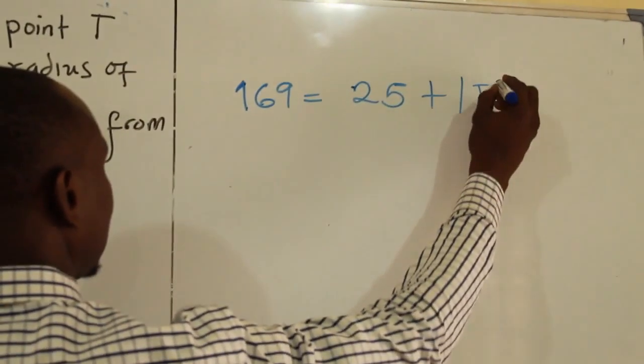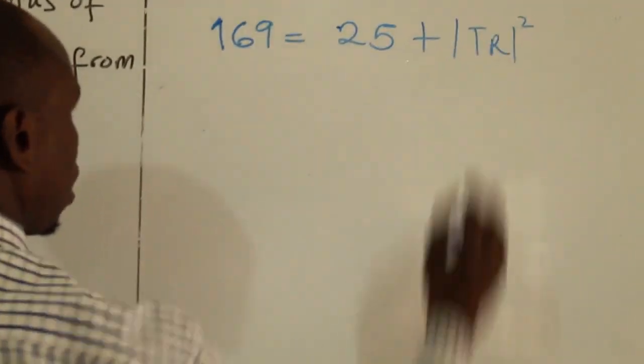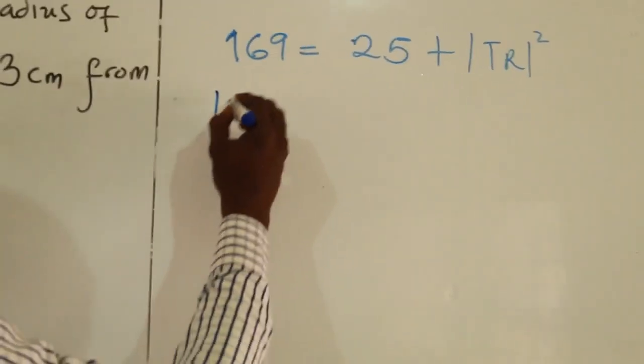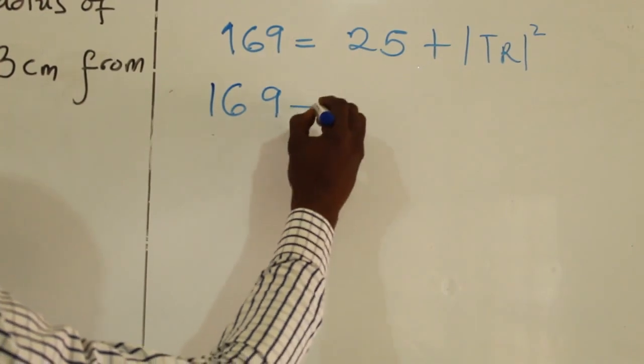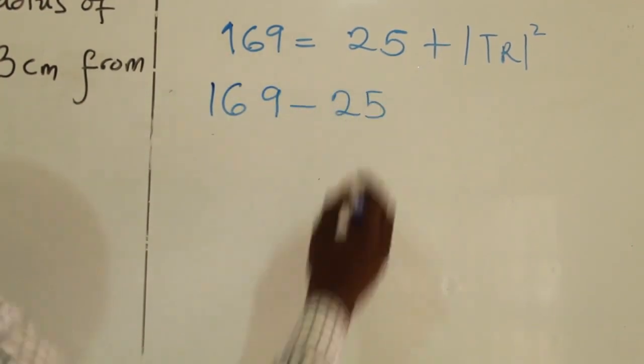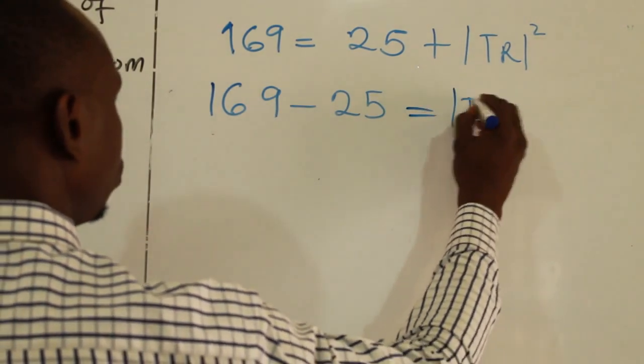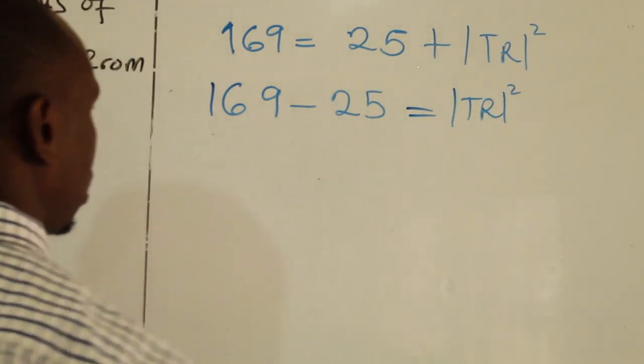Plus the required TR square that we're looking for. If I take 25 to meet 169, I will have 169 minus 25 to be equal to TR square.